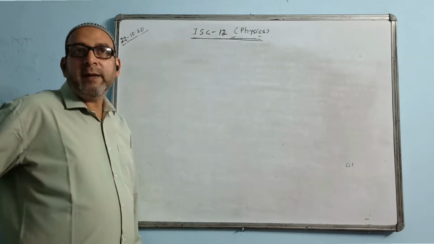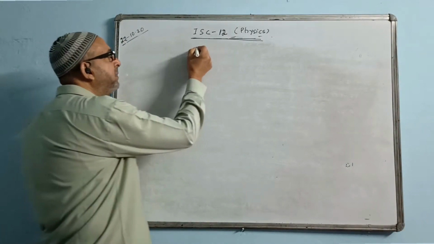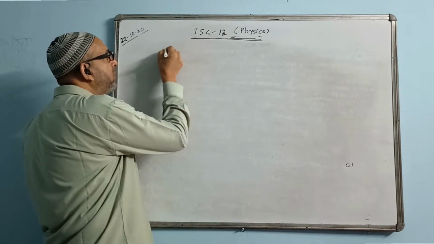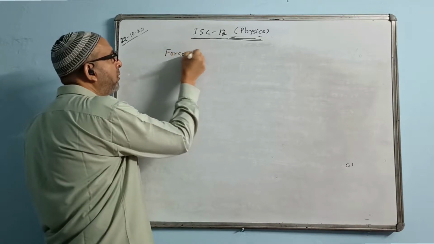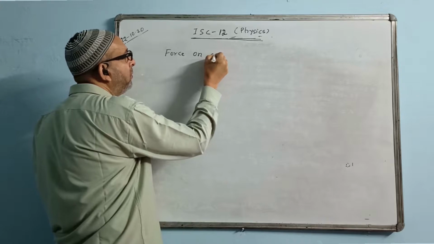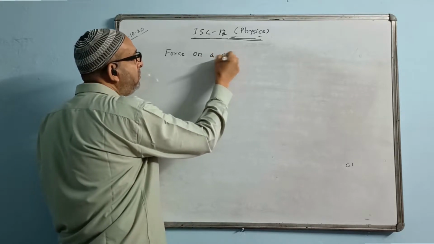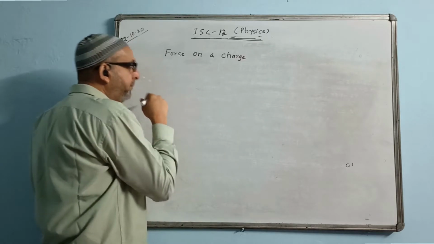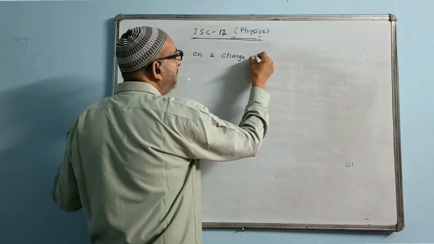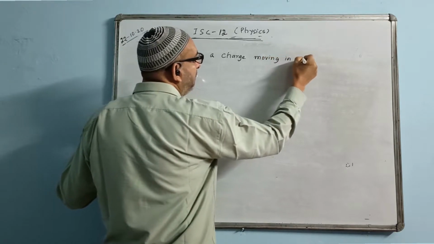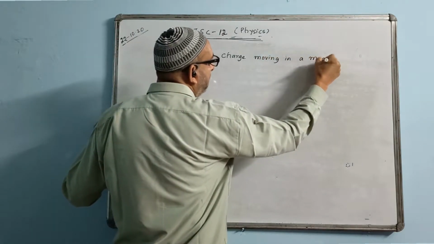So we'll be starting magnetism, okay? Give the heading magnetism. Within magnetism, the first topic we will do is this one: Force on a charge moving in a magnetic field.